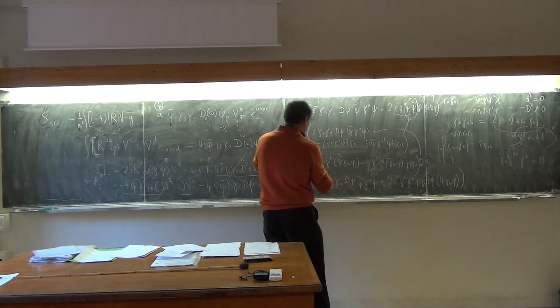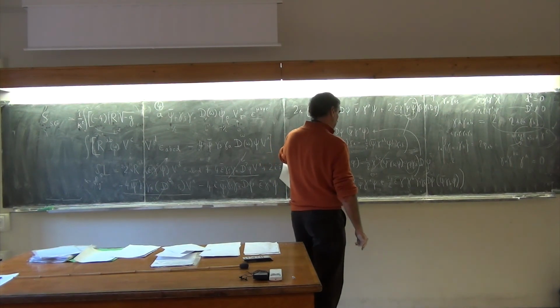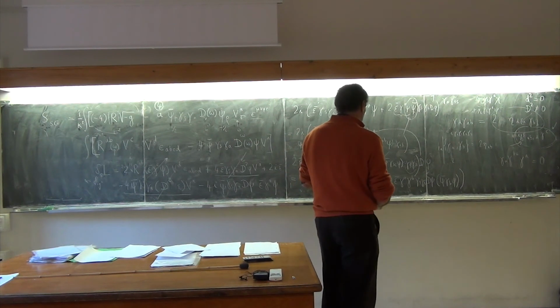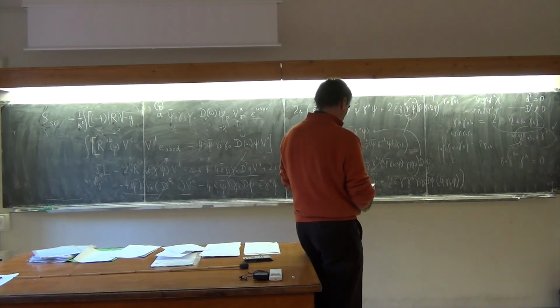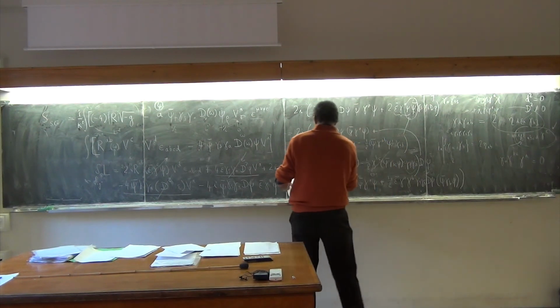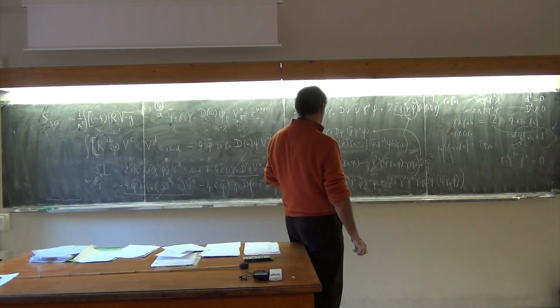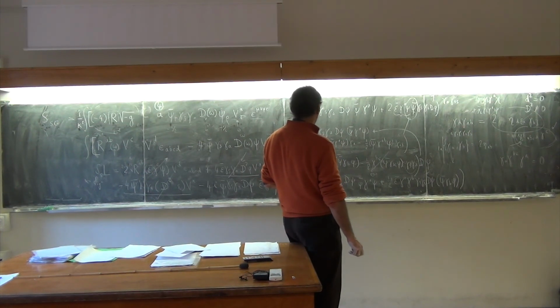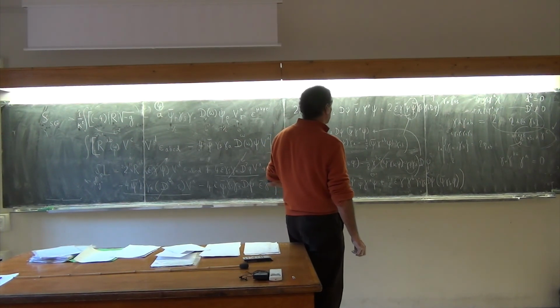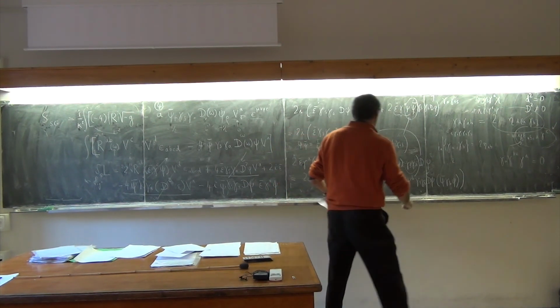Here you have gamma A, gamma B, C. Here there is the gamma 5. Here there is the gamma 5. I have the gamma 5, gamma A here, right?